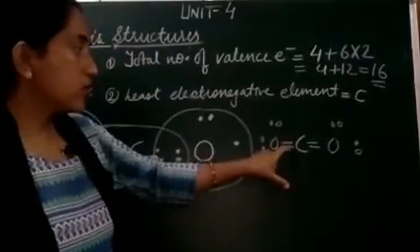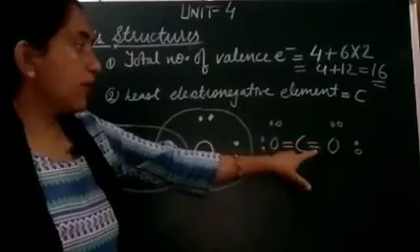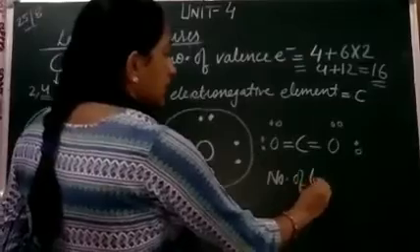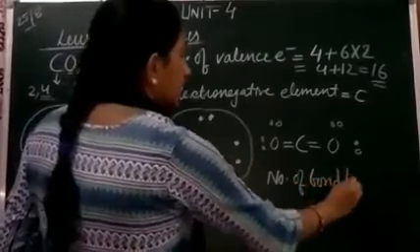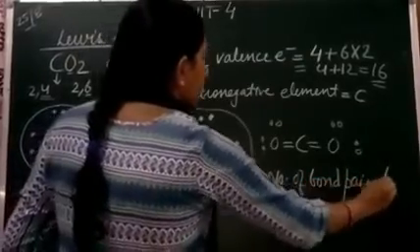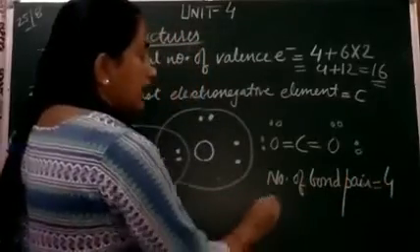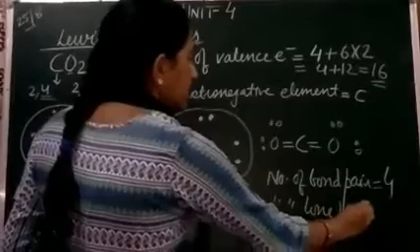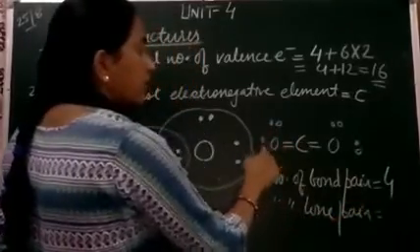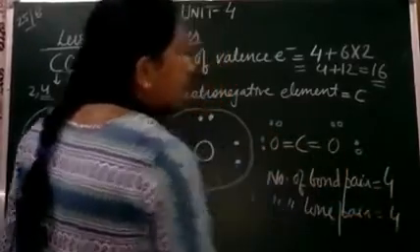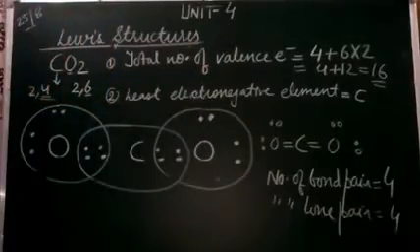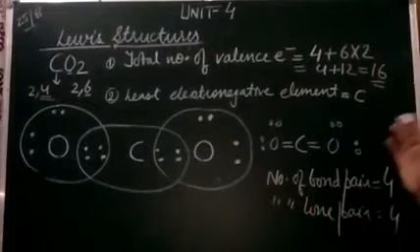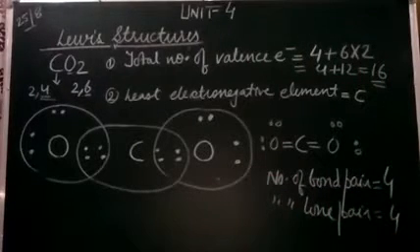This is 1, 2, 3, and 4. The total number of bond pairs is 4. Now how many lone pairs are there? Which is 1, 2, 3, and 4. So we have got overall 4 bond pairs and 4 lone pairs in the Lewis structure.